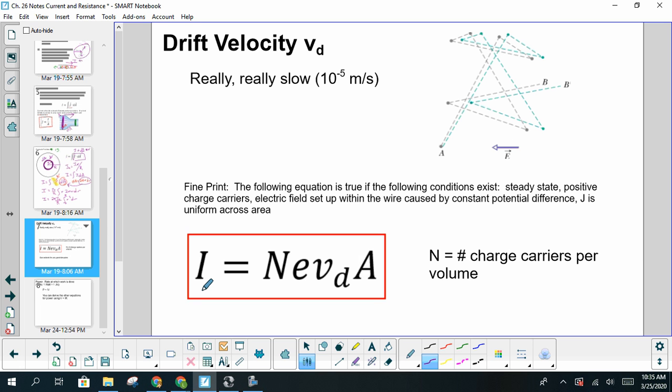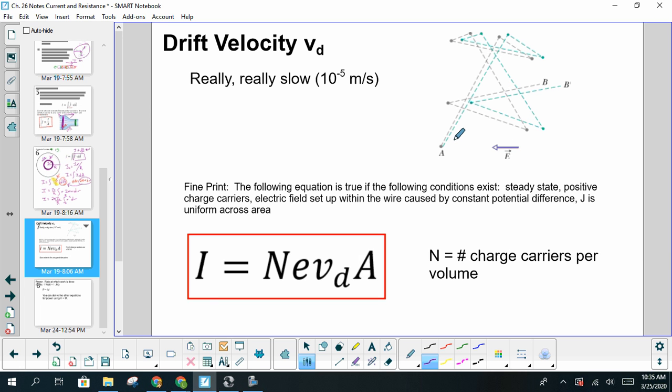That's not really what happens. They're moving all over the place, which you can see in this little image. But the electric field that's applied to the right is going to cause those charges to drift. And so they're going to essentially have a net movement, even though the charges are moving all randomly.